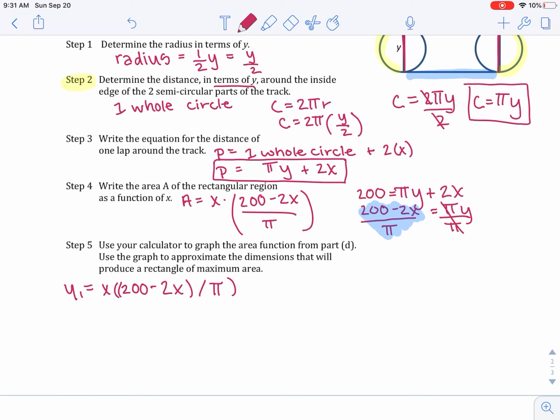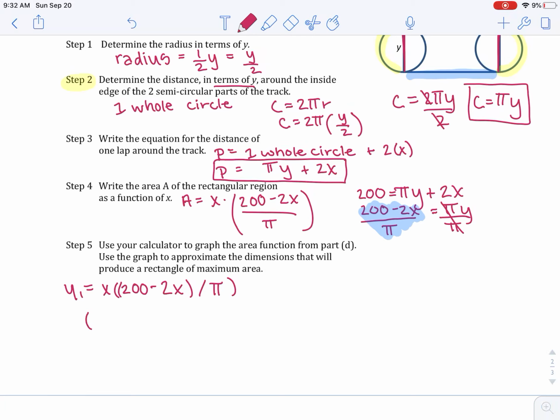Okay. You might have to play with your window. In my written notes, I did show you a window that I use to see it. If you don't like to play with the window, hit zoom 0, zoom fit, and then zoom out, and you should get into where the max is, okay?